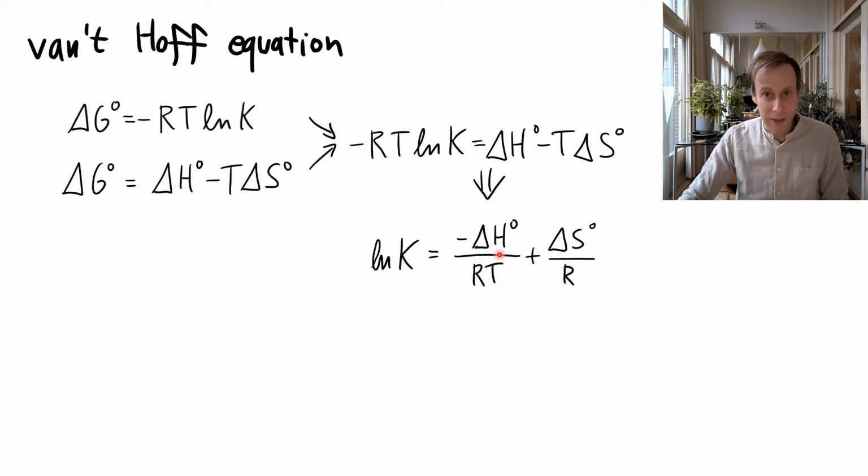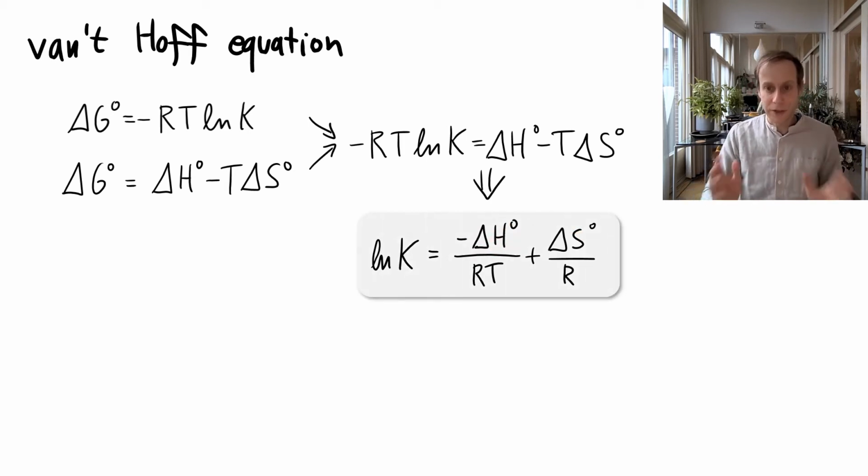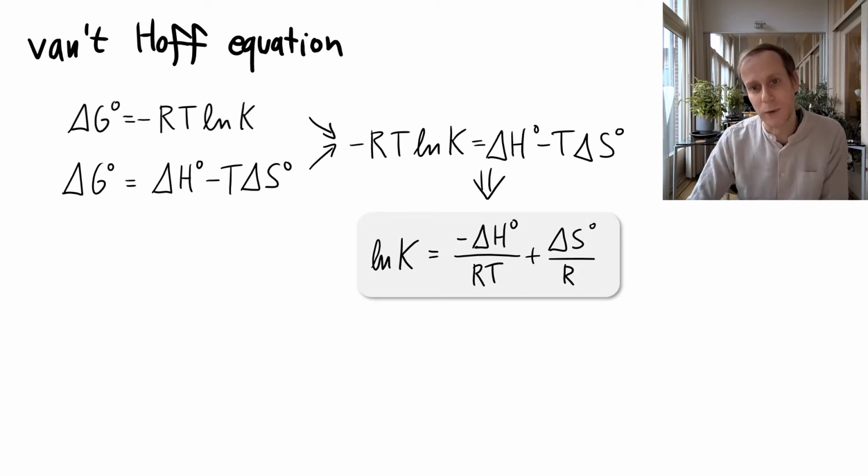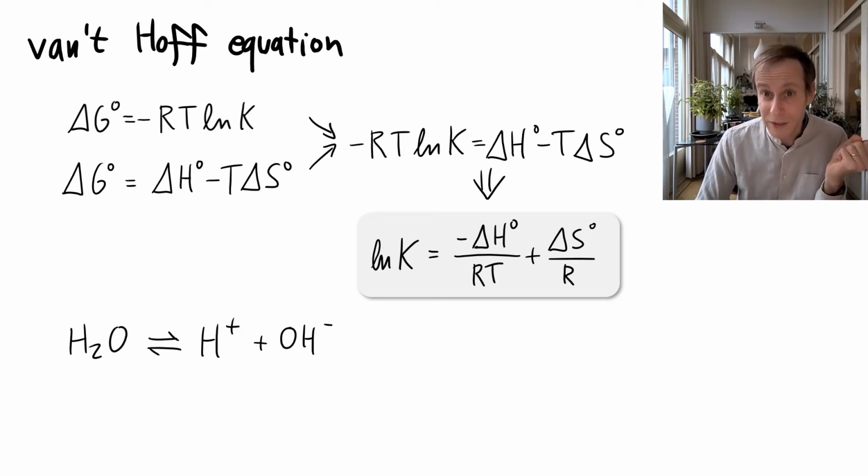It also depends on the magnitude of the enthalpy change at standard conditions and the entropy change at standard conditions. So this is the important Van 't Hoff equation that is used to describe the temperature dependence of the equilibrium constant. Let's look at an example.